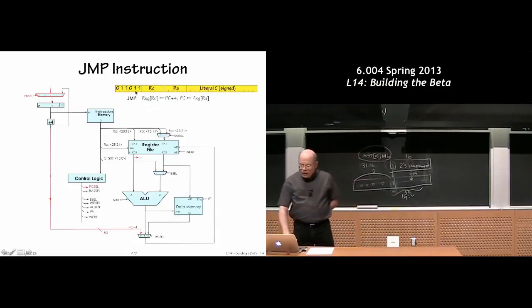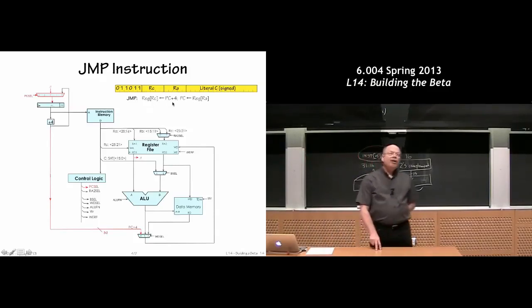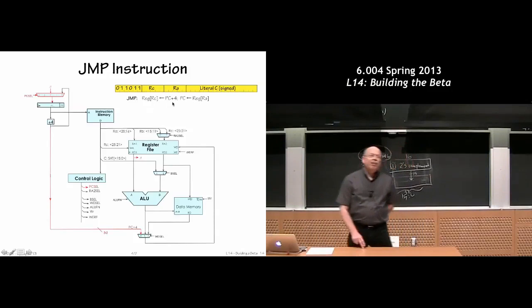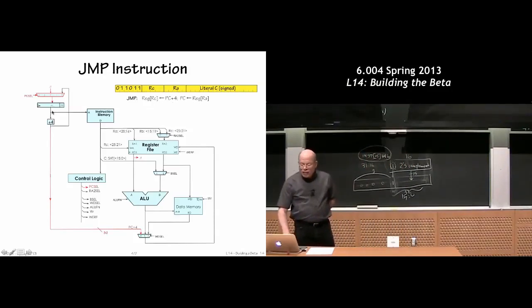And the other, and this happens for all the jump and branch instructions, is that we're always storing into the destination register RC the address of the instruction following the jump or branch, so the PC plus 4 value. PC pointed to the address of the jump or branch instruction, and so PC plus 4 will be the address of the instruction following it.